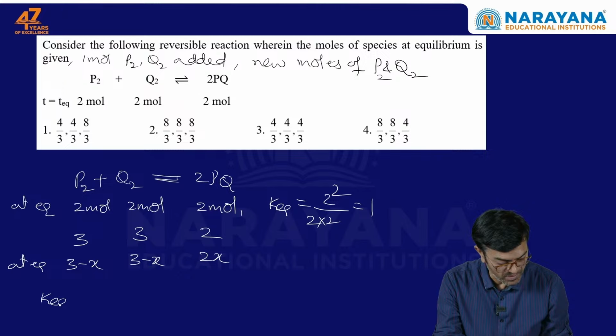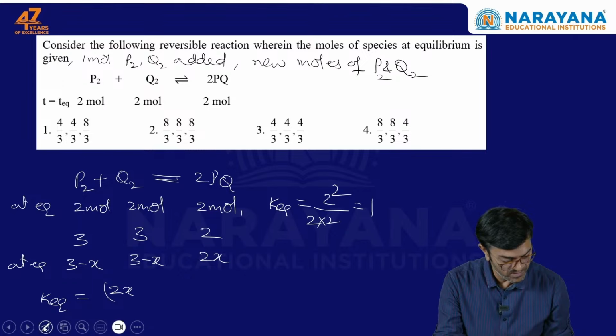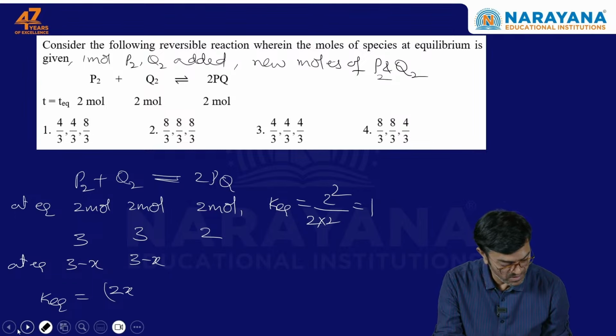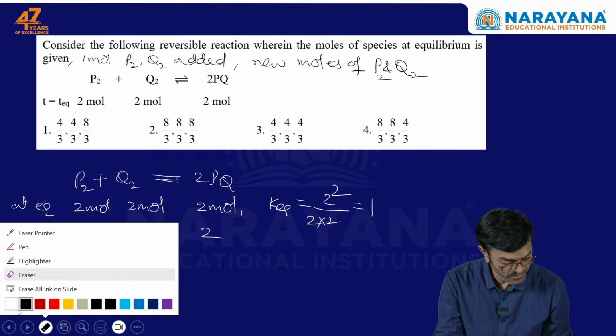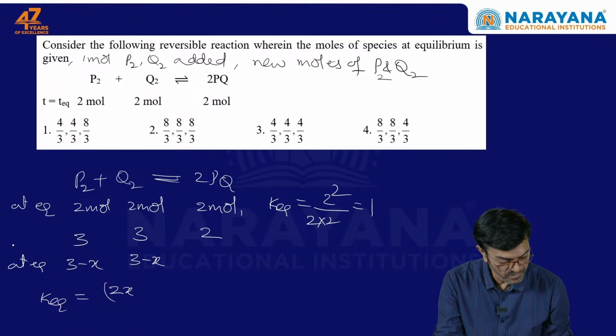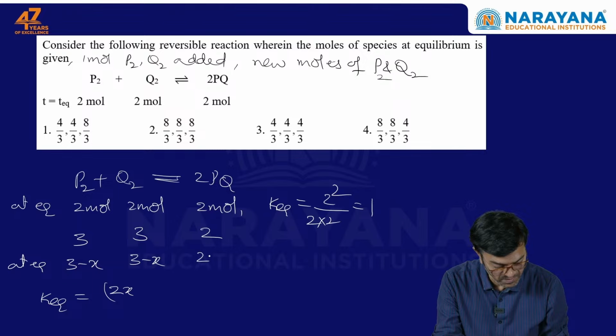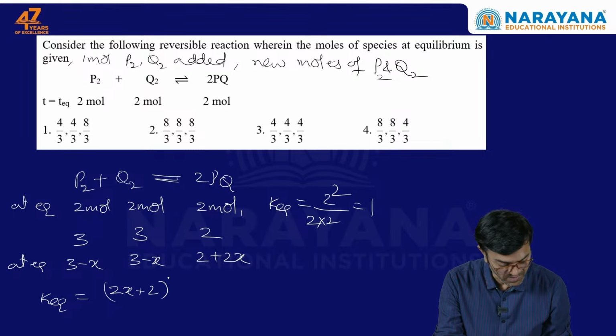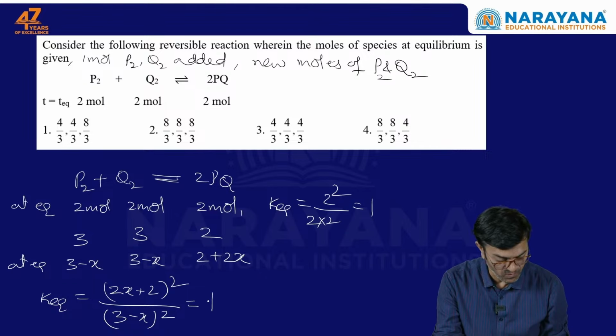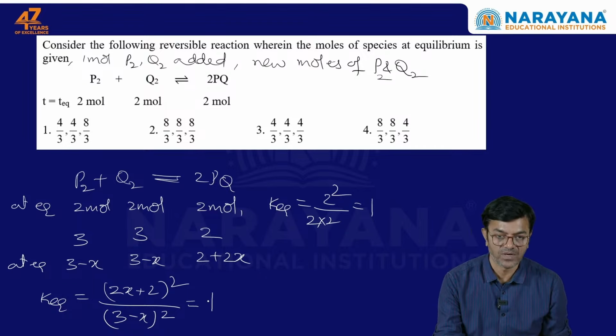So KEQ, the equilibrium constant, will be 2 plus 2x whole square by 3 minus x whole square, which will be equal to 1, because equilibrium constant depends only on temperature.